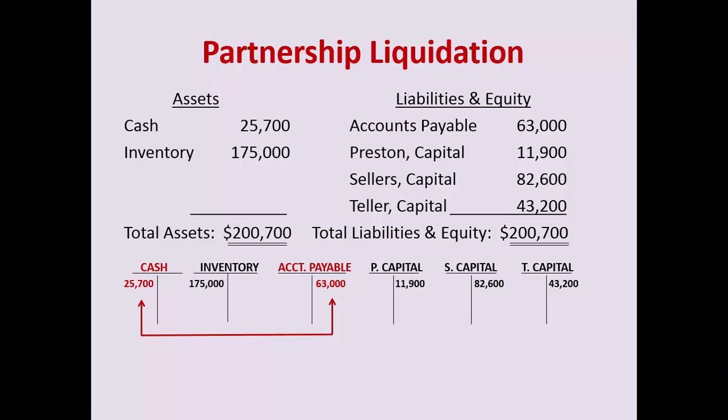How much cash do you actually have to cover your accounts payable? Most of your assets are tied up in non-cash inventory, and your creditors are not going to be paid in merchandise inventory. They're going to want the money. This could be a reason why you're liquidating. There's not enough cash to cover current liabilities.